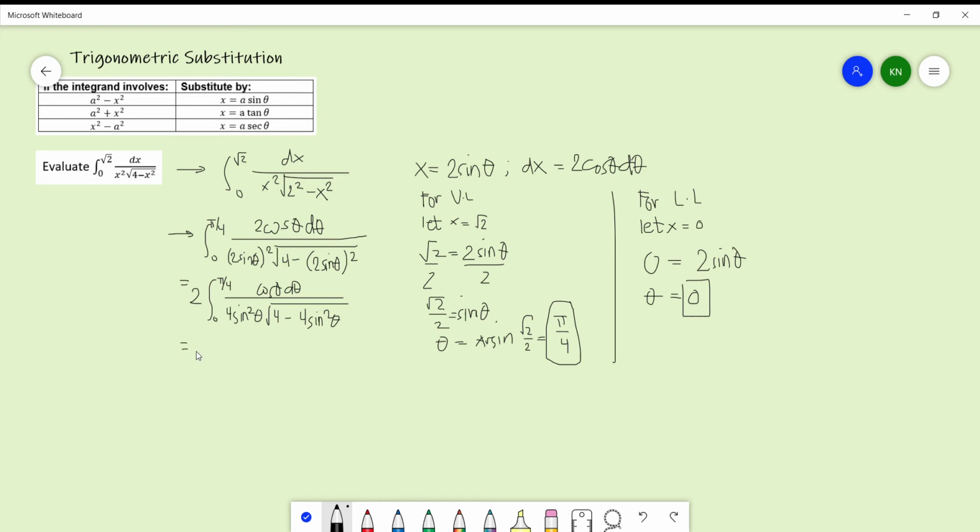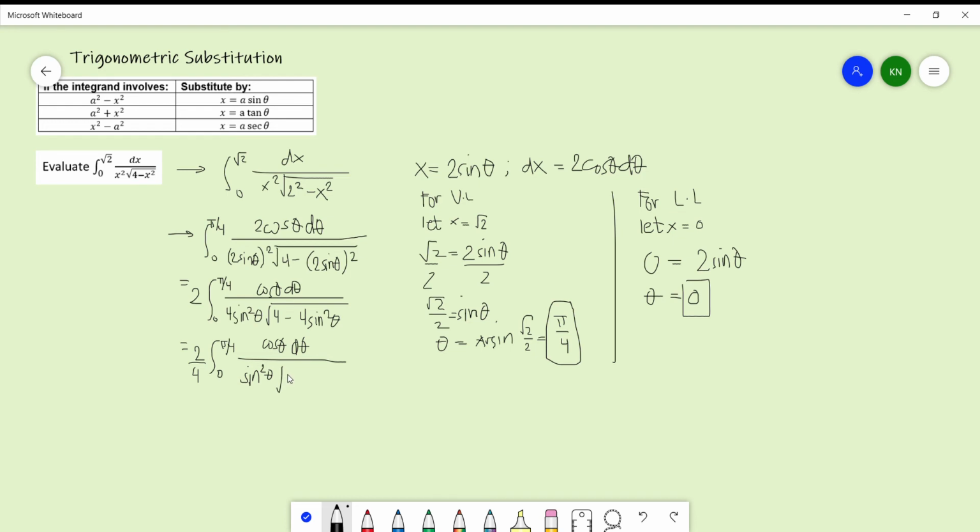So we have 2, and then 4 here is constant, so we can put that outside. That gives us 2 over 4, and then that's from 0 to pi over 4, and then the cosine theta d theta all over the sine squared, since we already put the 4 outside. So we have sine squared theta.